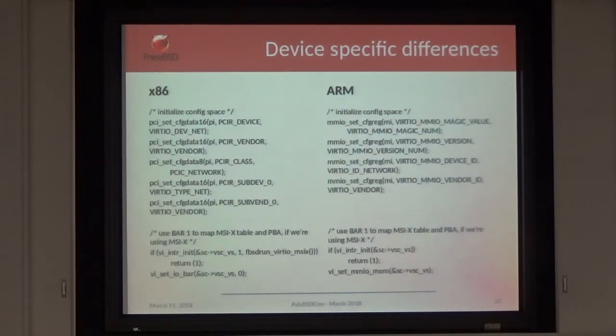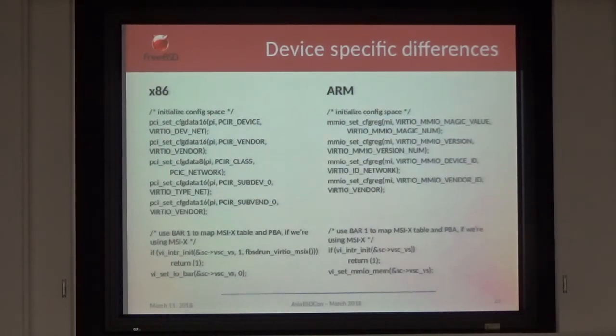PCI set config data is identical to MMIO set config rec. VI interrupt init had simply two more arguments, but essentially does the same thing. And set IO bar is renamed to set MMIO main for MMIO devices.